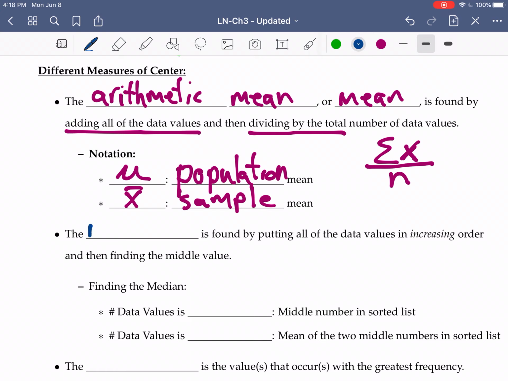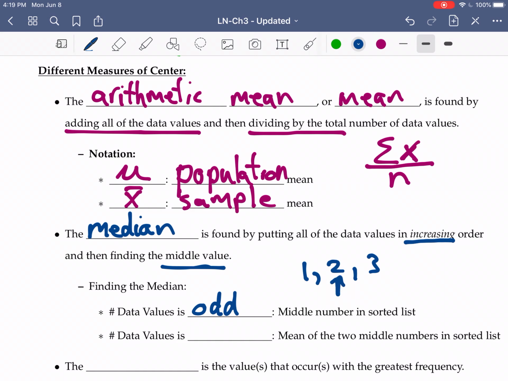The median is another measure of center. Here we put all of the data values in increasing order, and then you find the middle value. If you have an odd number of values, so let's say we have 3 values, 1, 2, 3, the second one is the one value that's in the middle.